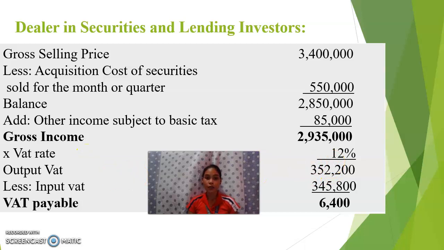So the output VAT is 352,100 less your input VAT, which is 345,800. So your VAT payable is 6,400. So that would be all.